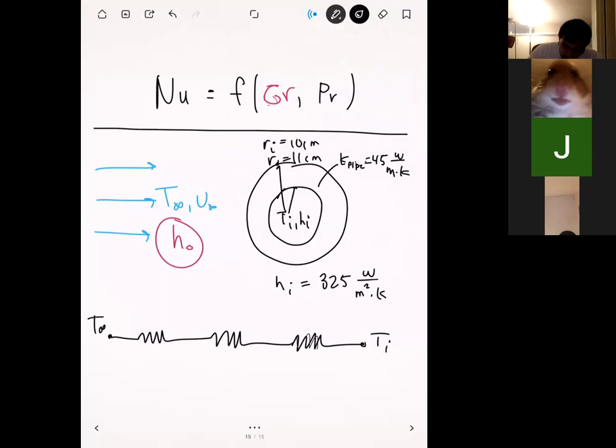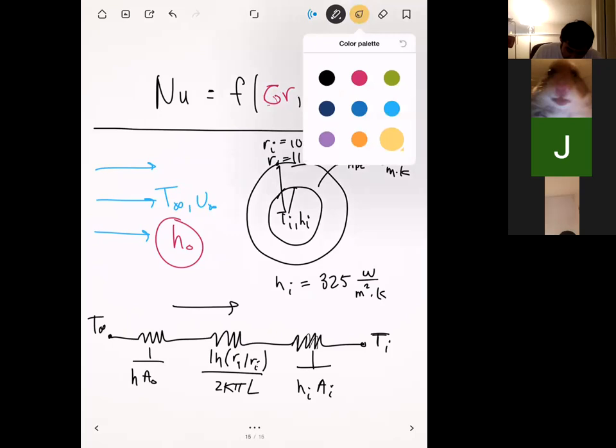The 2 ends of our circuit can be T infinity and Ti. And so on the outside here, we have 1 over HAo. For the middle resistor, we have ln of Ro divided by Ri, divided by 2 pi KL. And then for the inner one, we have 1 over HiAi. The Q that you solve for is just going to be the Q that goes through this circuit.